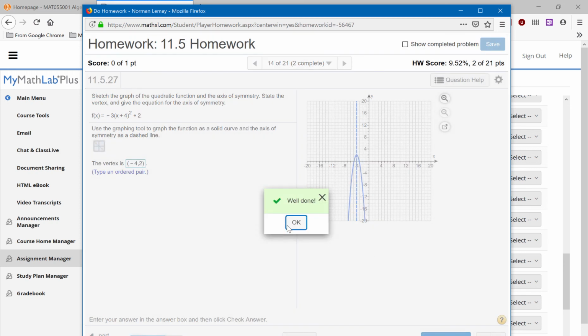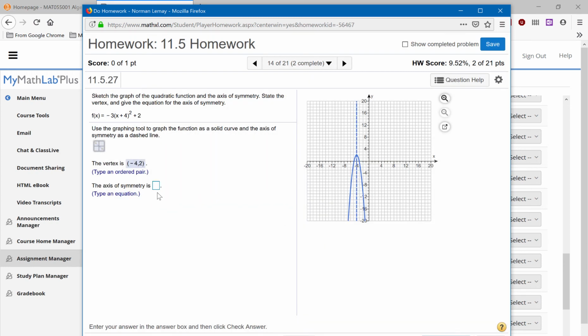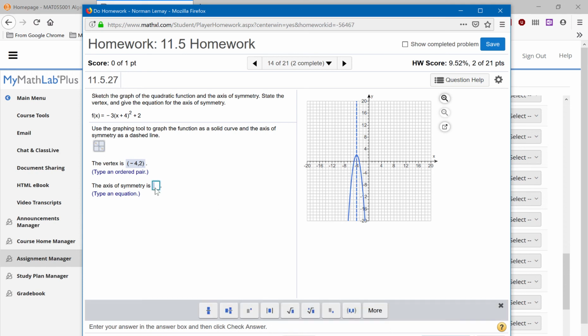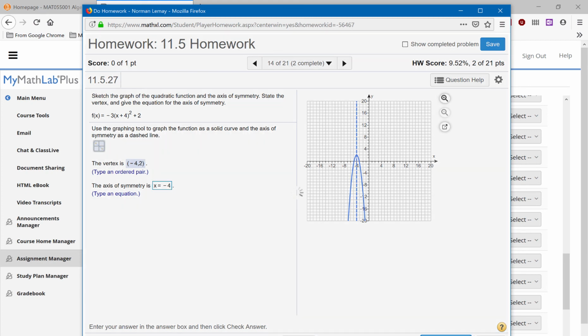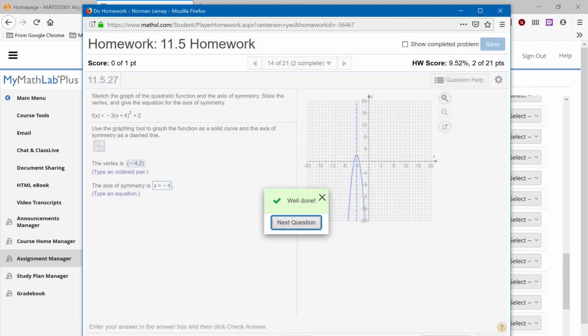Boom. Nice job. And then finally, the axis of symmetry, or the line of symmetry, is x equals negative 4. I don't know why the caps is on. X equals negative 4. And check the answer, and boom! Got a lot of booms in there.